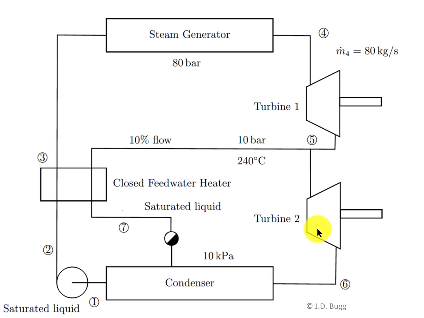Because we've been given the mass flow rate coming out of the steam generator and the fraction that is extracted, we actually know the mass flow rate in all of the components. The other thing given is that this was described as an ideal Rankine cycle. Remember that means the turbines and the pump have an isentropic efficiency of 100%. We'll revisit that during the analysis.